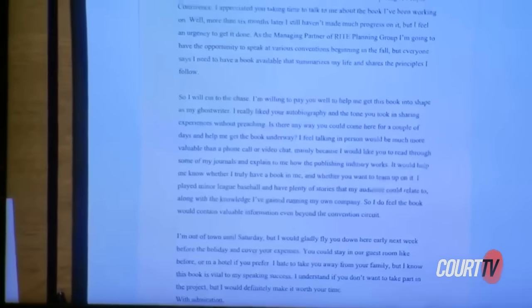In this, does Charles Vallow, or the person writing this email, again ask Chad Daybell to come out to visit? Yes. To help write a book? Correct. And so is this then the email that Charles began reaching out to Lori, Chad, and Tammy about? Yes. We had heard from Adam that he also had learned of this.